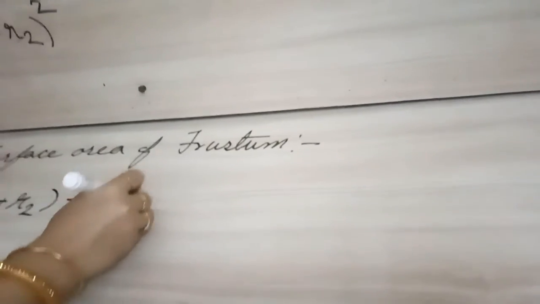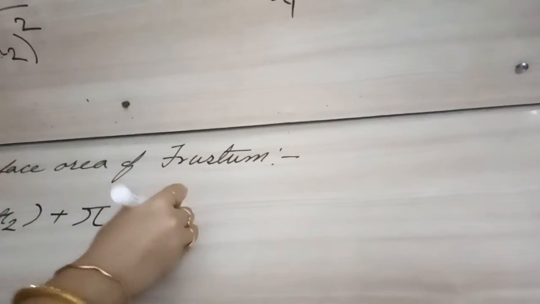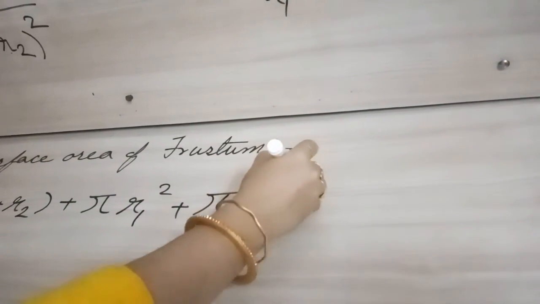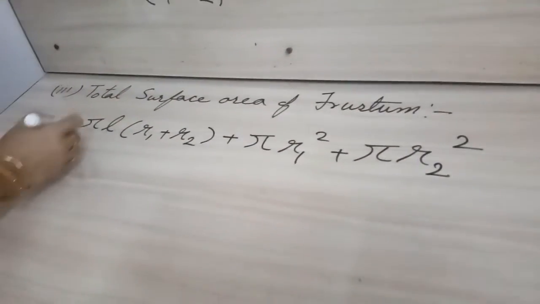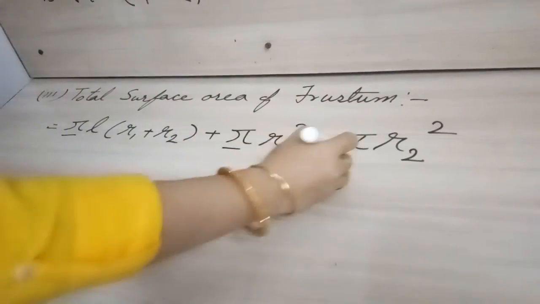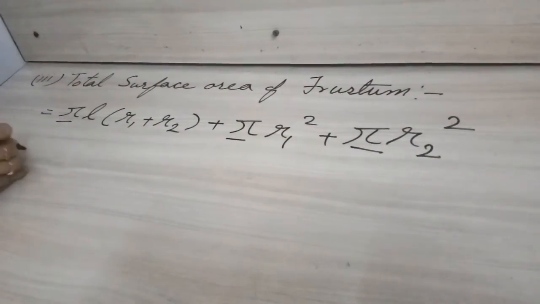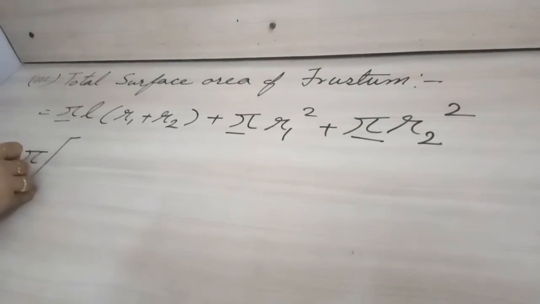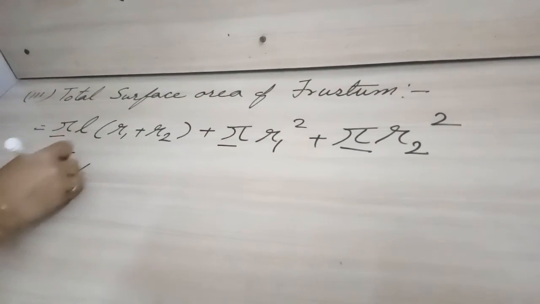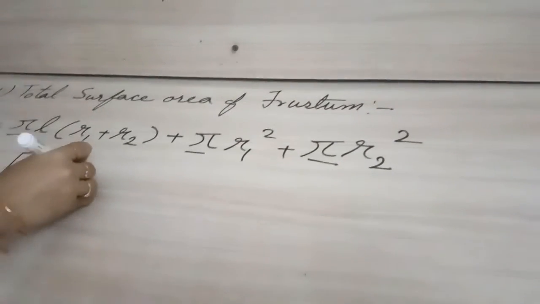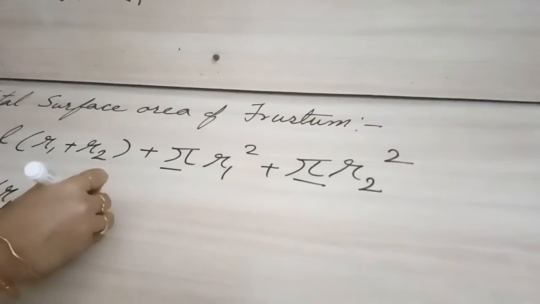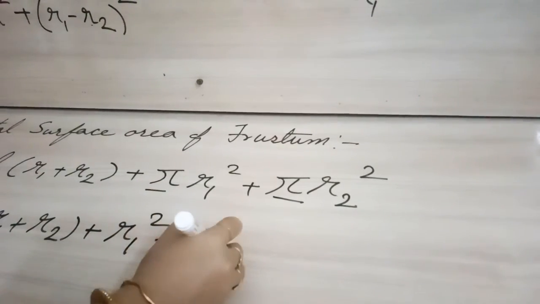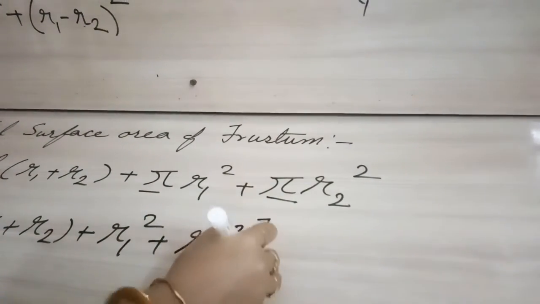First pi R1 square plus pi R2 square. Okay, now if you observe it properly, pi is everywhere, so we can reduce this into a smaller form. So it is pi taken out, and here it becomes L into R1 plus R2 plus R1 square plus R2 square.